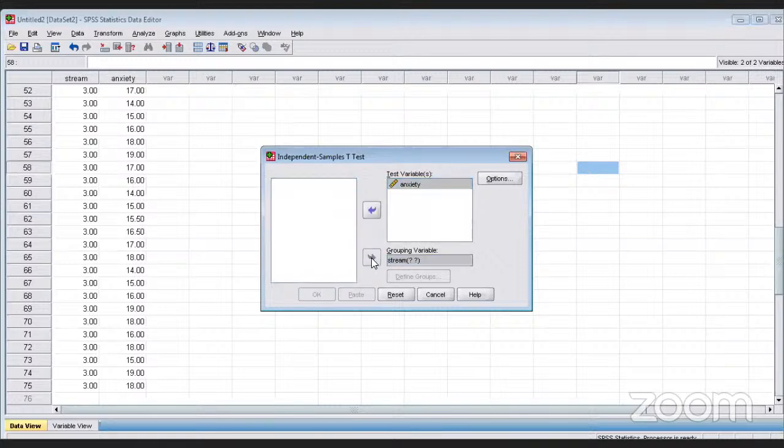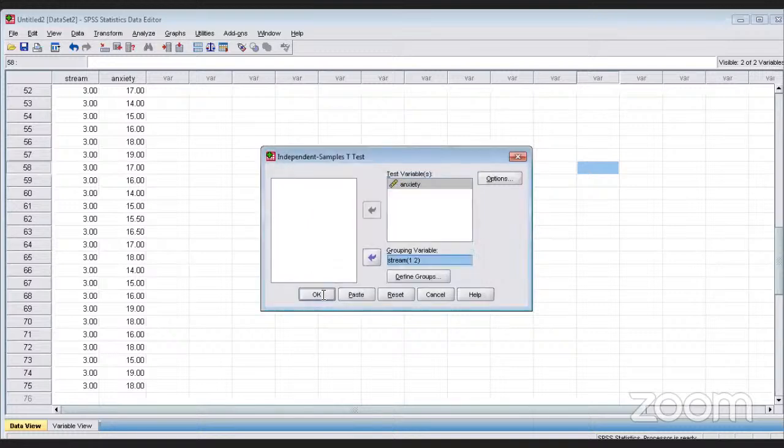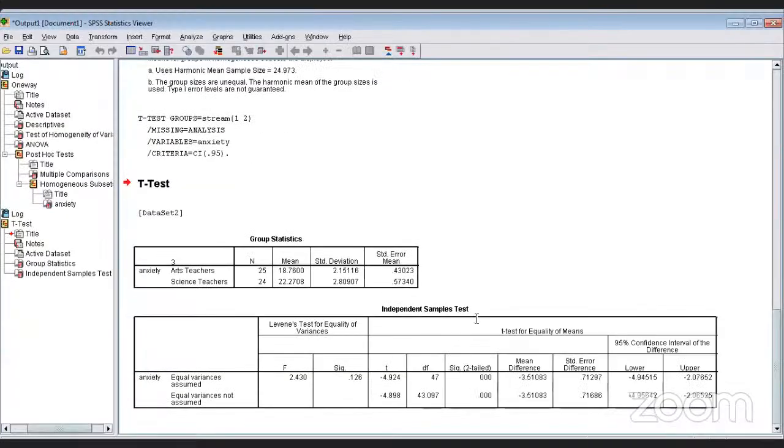In the stream, I have to take two at a time. So I'm taking the arts and the science teachers, 1 and 2. So this is the t value for arts and science.